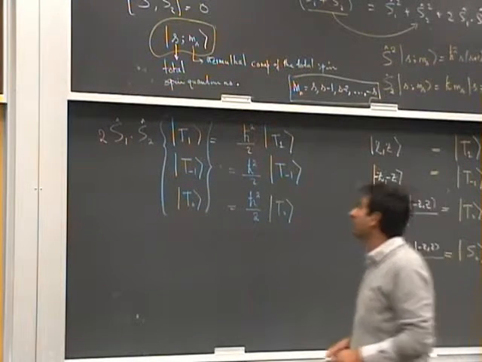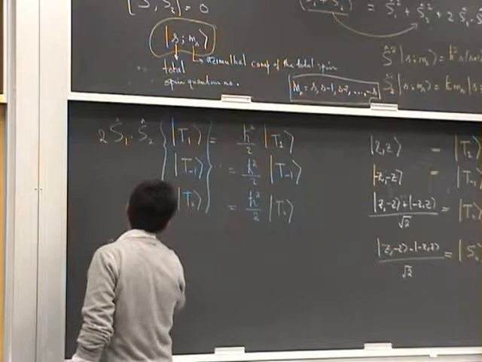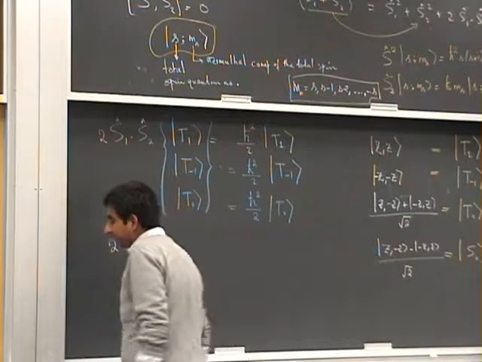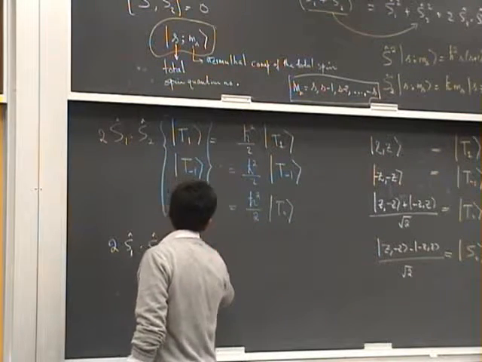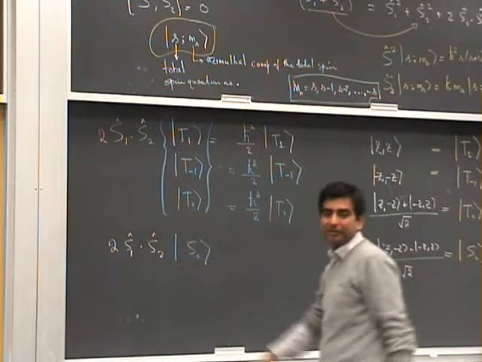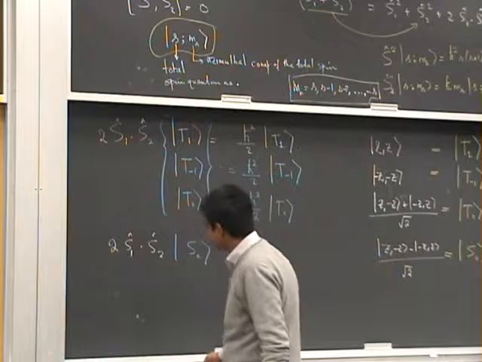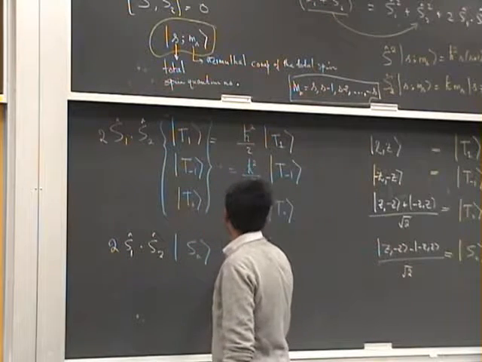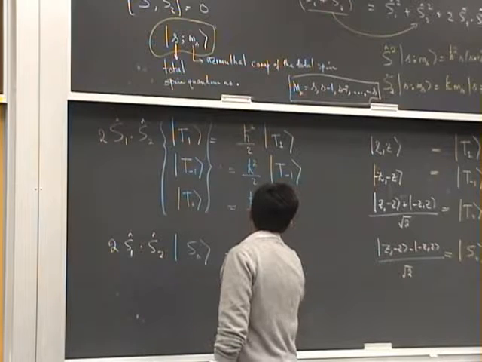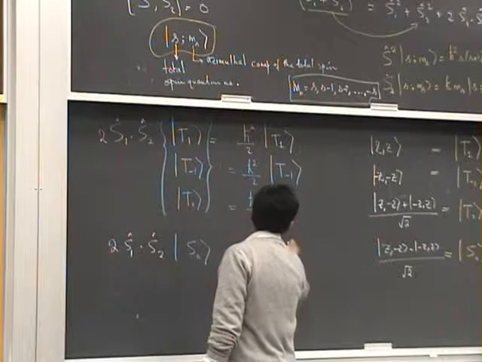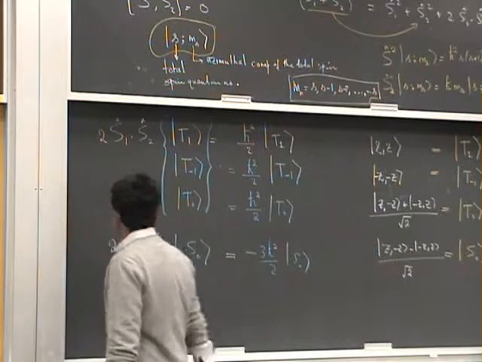Now if I take S1 dotted with S2, I know that the singlet state S naught is also an eigenstate of this Hamiltonian, of this operator, and the eigenvalue will be minus 3 h bar squared over 2.